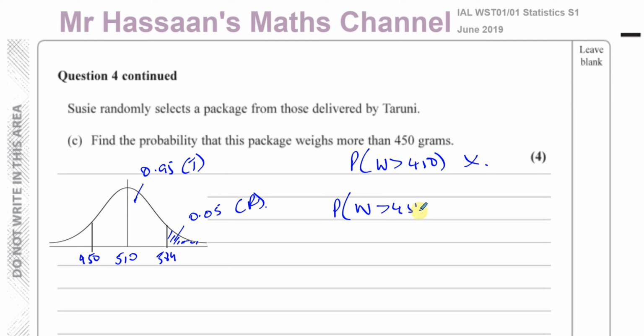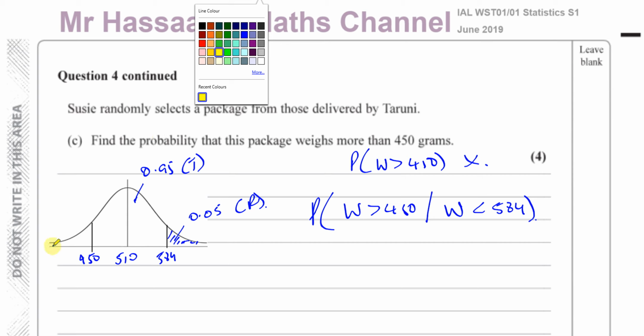It's a conditional probability. We want to find the probability that the weight is greater than 450 given that the weight is less than 584. So we have to only choose from the ones that are delivered by Taruni only.